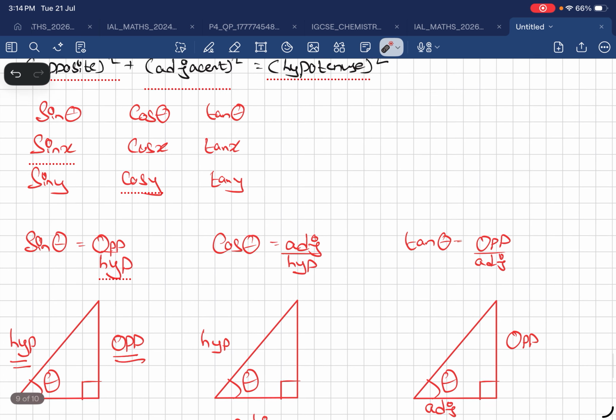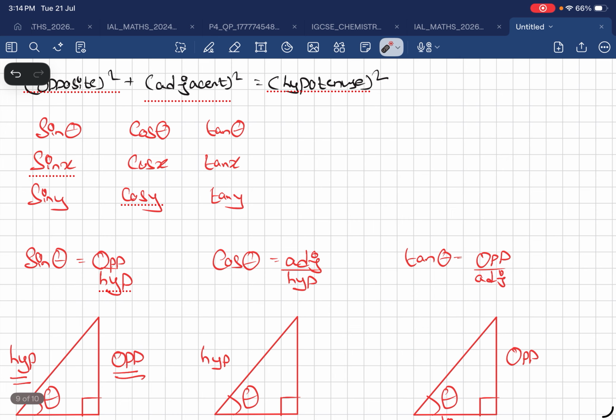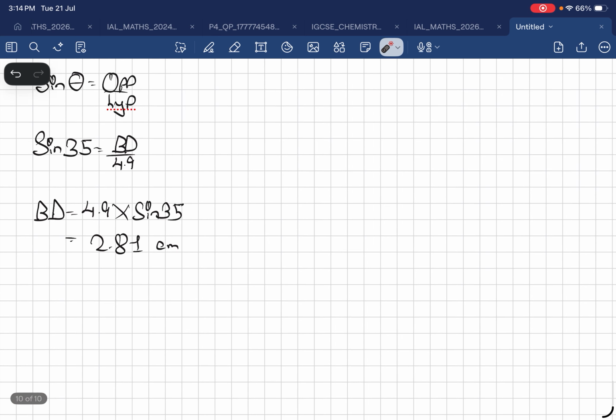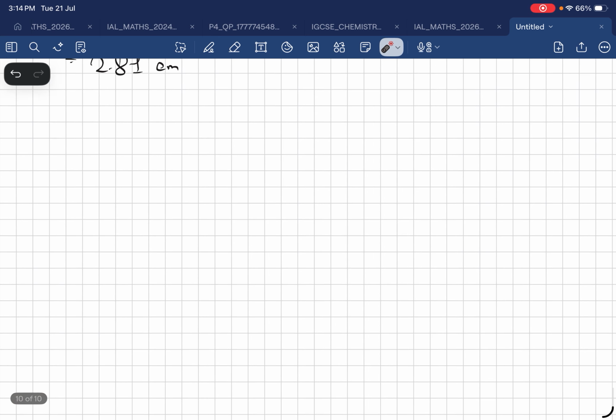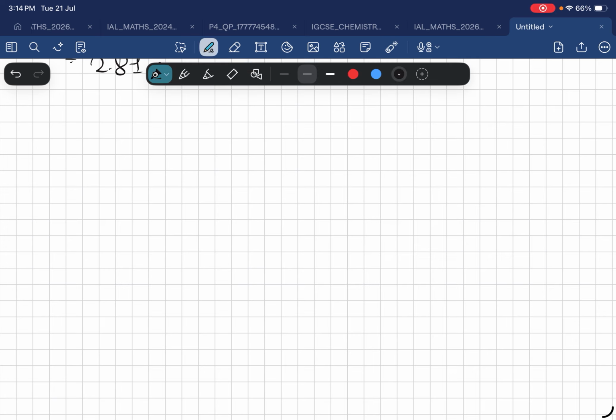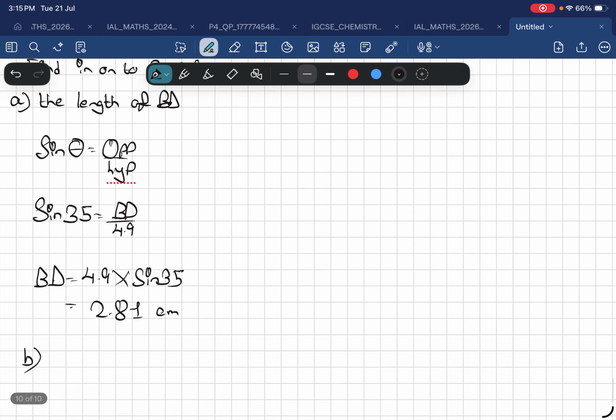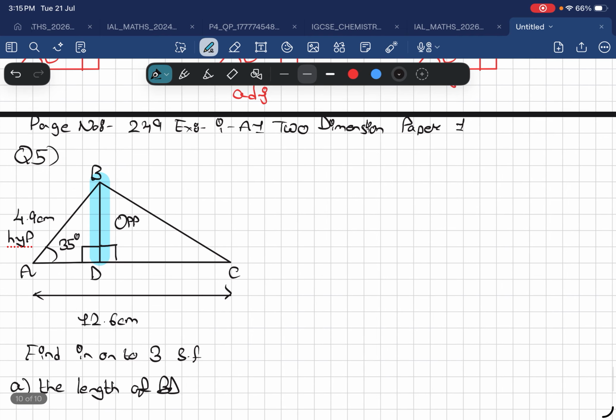First, let's solve this math, then we will proceed. In part B, they told us to find the length of AD. So which side is AD?